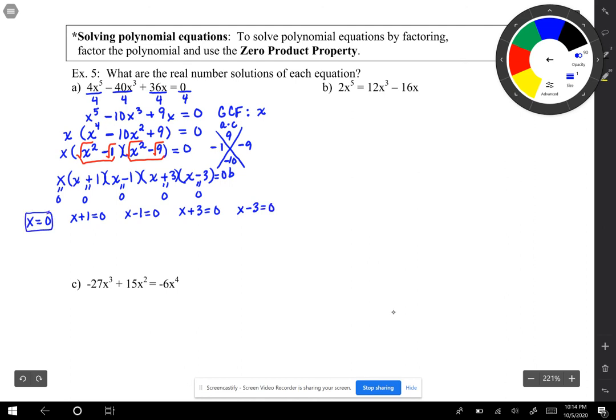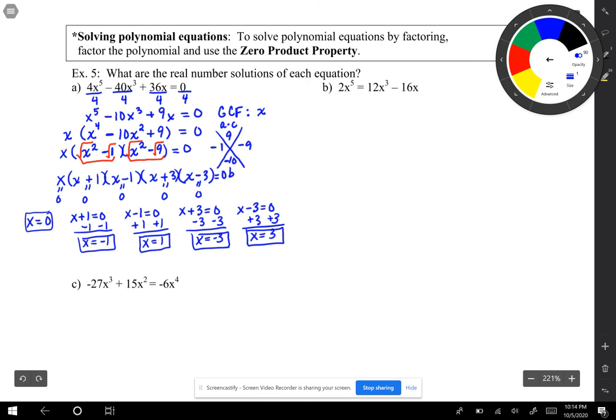Here's one answer. Subtract 1. Here's the second answer. Add 1. Third answer. Subtract 3. Fourth answer. Add 3. Geez, 5 answers. We never had 5 answers. Here's a hint.